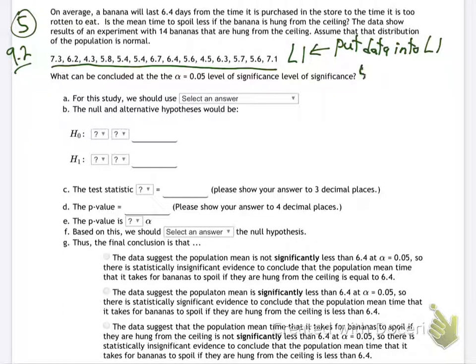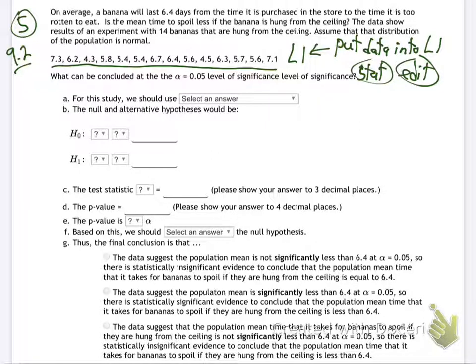Remember, you hit stat, and then it's already on the edit menu. So before we do anything else, let's put that data, one big list, straight down L1. Okay, so I just put all that data in L1 in my calculator.